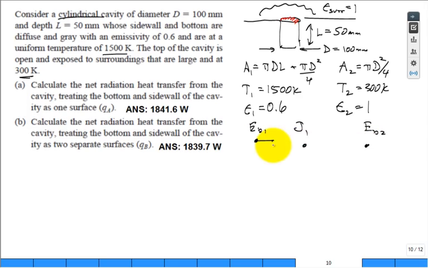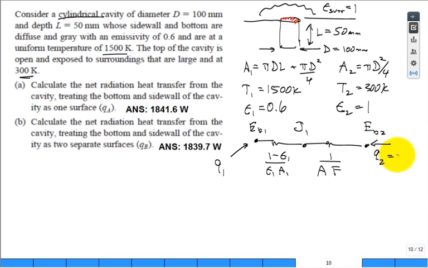Okay, so we have a (1 minus epsilon 1) over (epsilon 1 A1). Then we're going to have this 1 over AF. Since it's hot, I'm going to put in the Q1 this way, and this Q2 is going to be negative Q1.